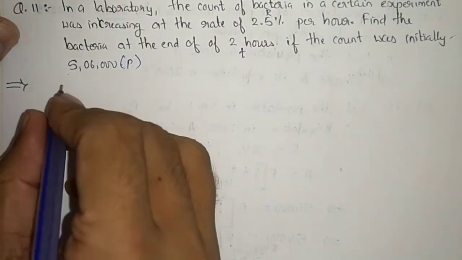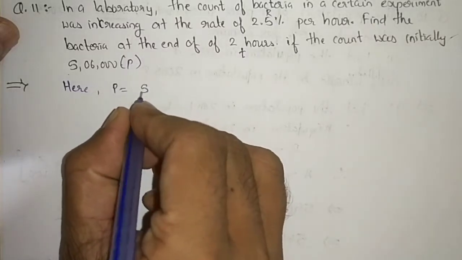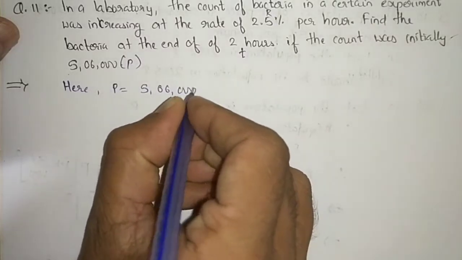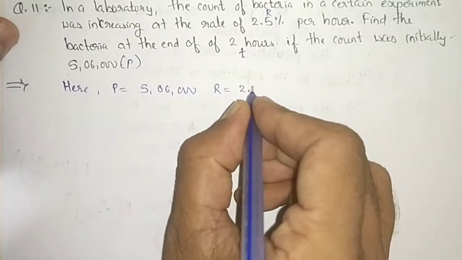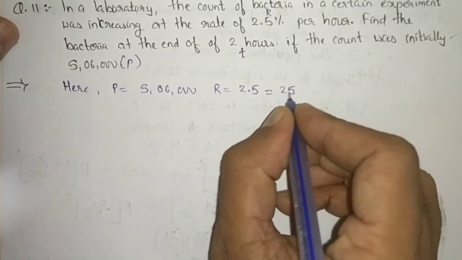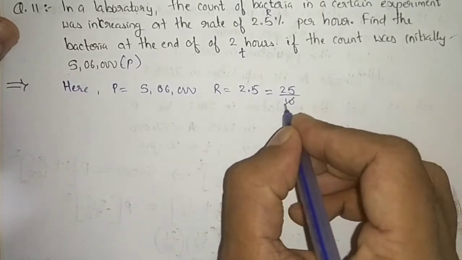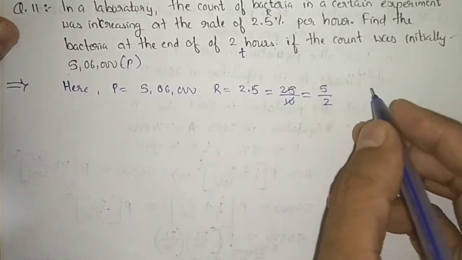So we will write here P is equal to 5,06,000. Rate of interest is equal to 2.5, which I can write as 25 by 10, reducing it, 5 2s are 10, 5 5s are 25.